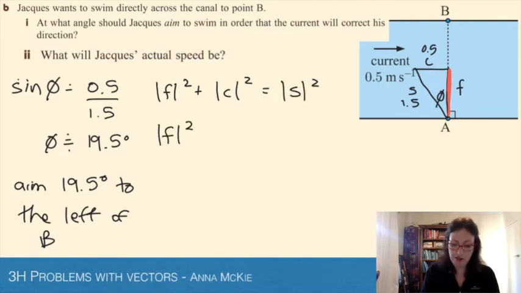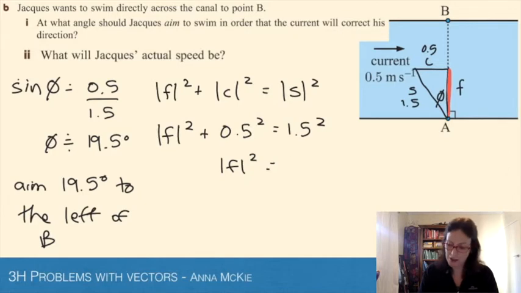We don't know f, but we do know c, 0.5 squared, and s is 1.5. And solving for f, notice that last time round we were solving for the hypotenuse, and this time round we're solving for a shorter side. And square rooting that, therefore we get for f approximately 1.41.